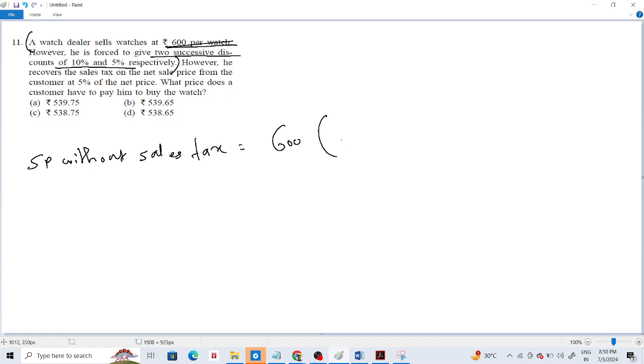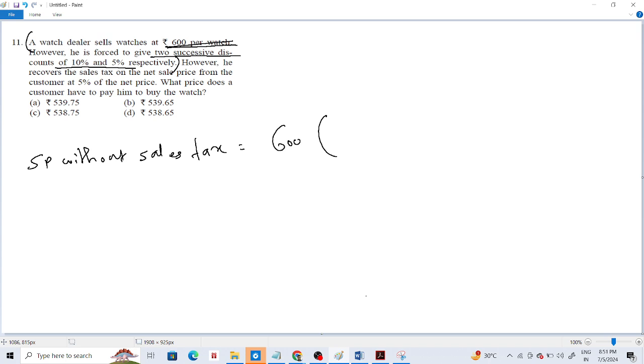Now see, two successive discounts, that means first a first discount and then another discount. You might have seen that there are some offers where successive discounts are given. For example, you go to a shopping mall and see a t-shirt with 80% discount written on it, and you buy it.